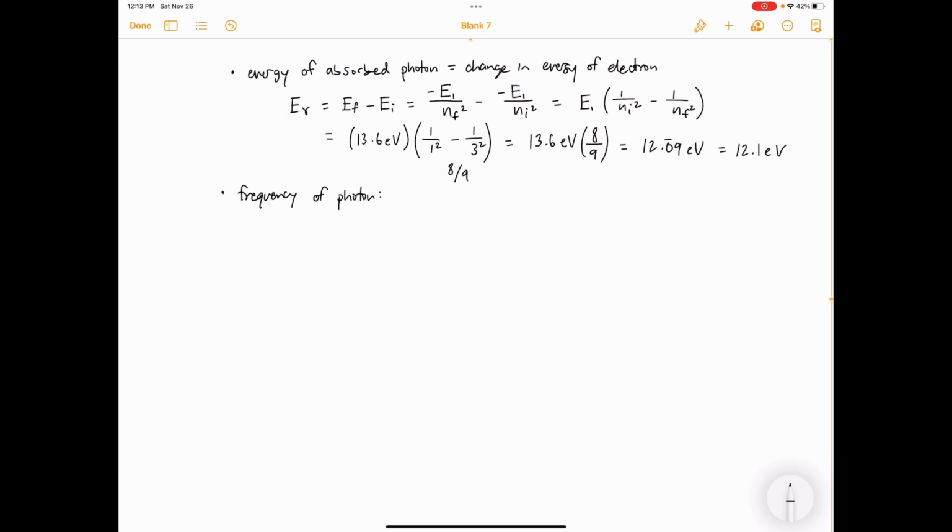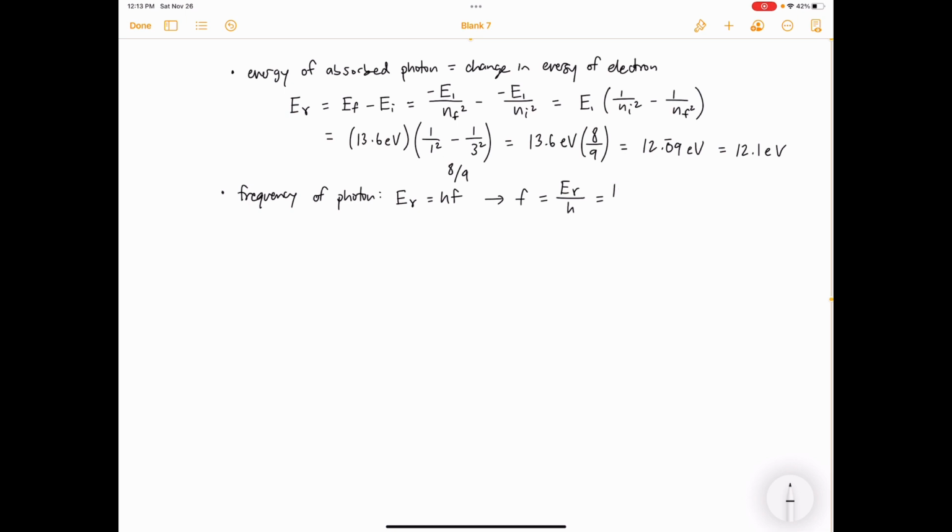using this formula. The energy of the photon is equal to h times f. We've seen that before. So if I want to solve for f, that's the energy of our photon divided by h, Planck's constant. Okay, let's do the calculation.